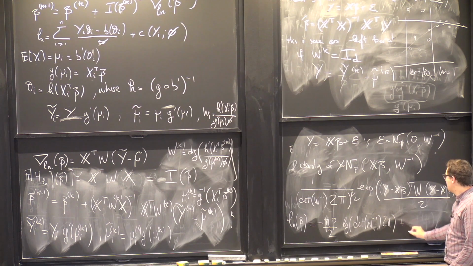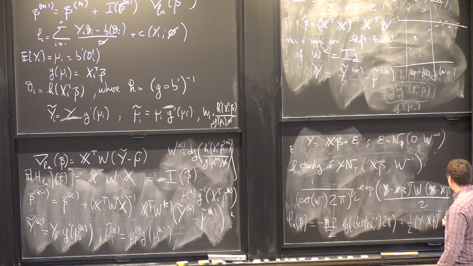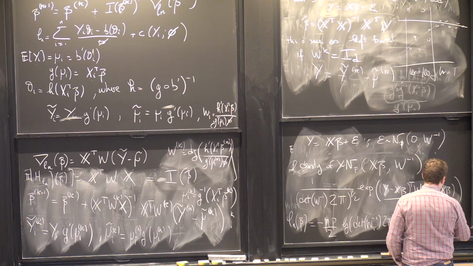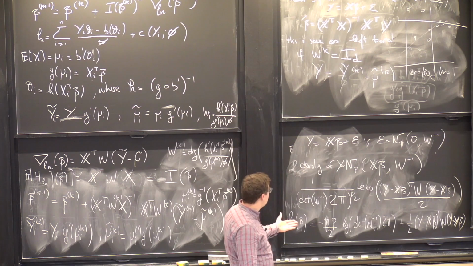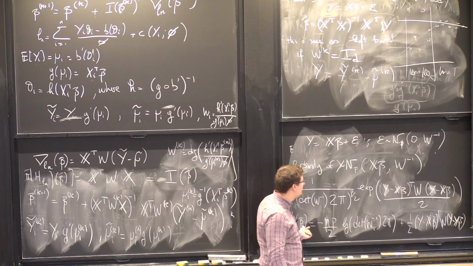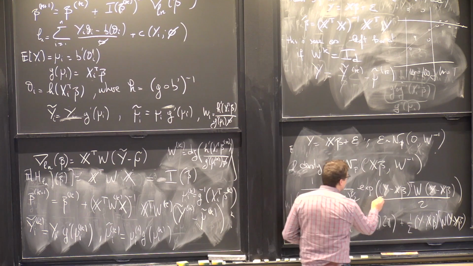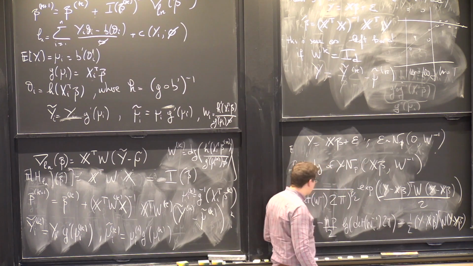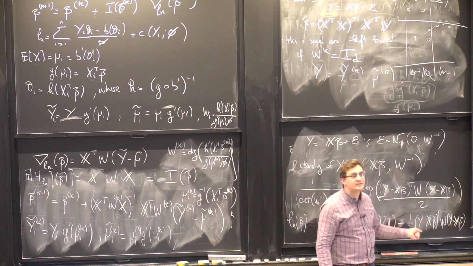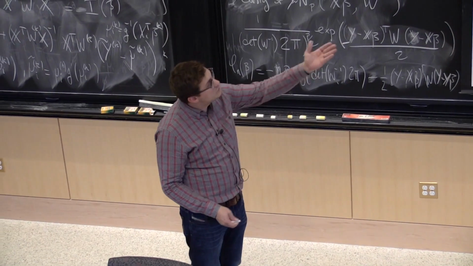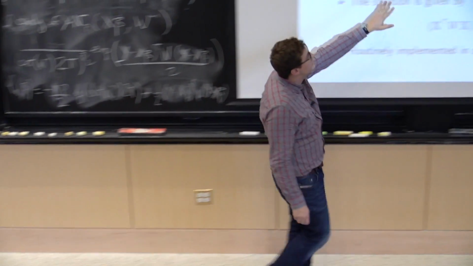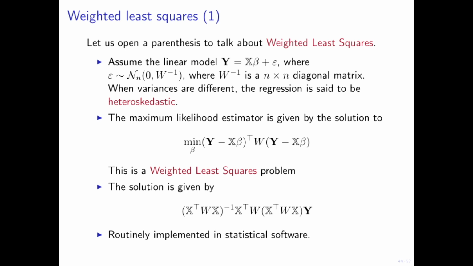And then I'm going to have minus 1/2 of y minus x beta transpose W y minus x beta. So if I want to take the maximum of this, I'm going to have to take the minimum of this thing. So we need to compute the minimum of y minus x beta transpose W y minus x beta.